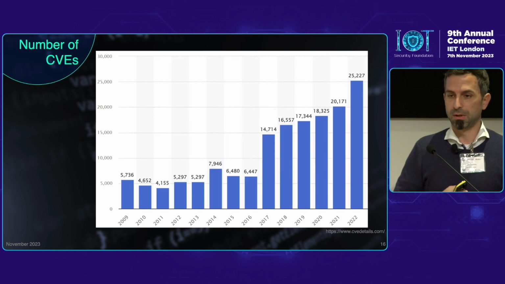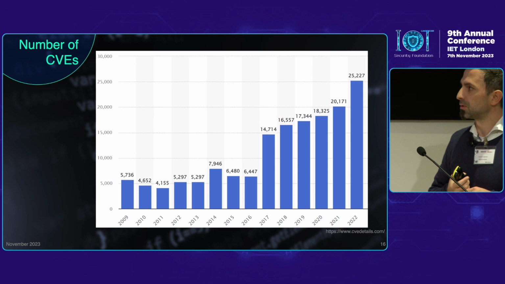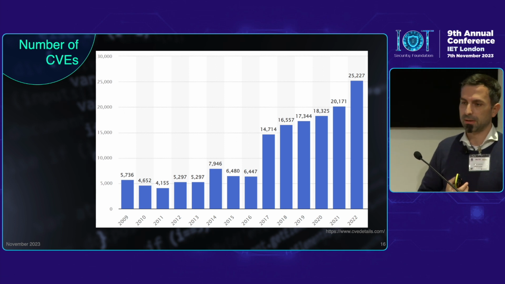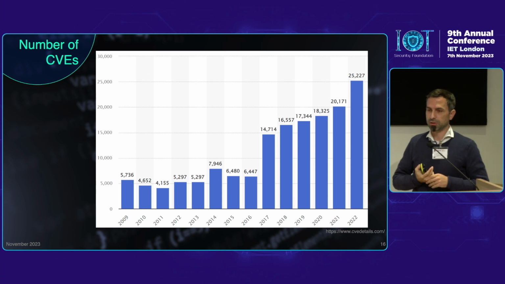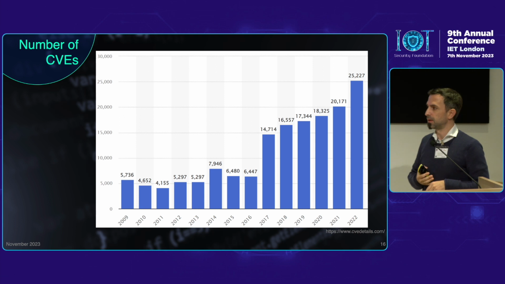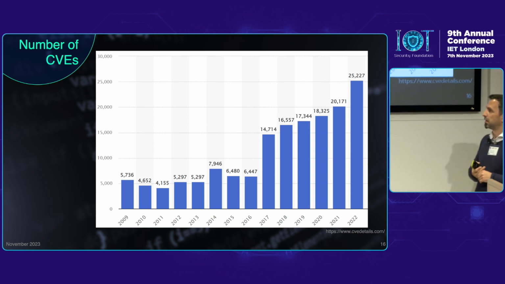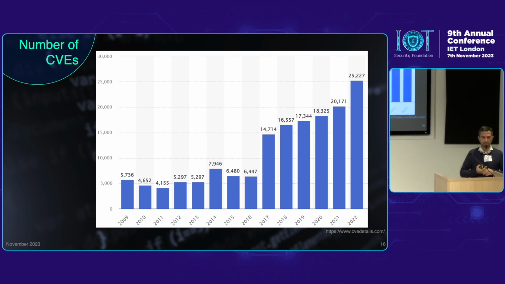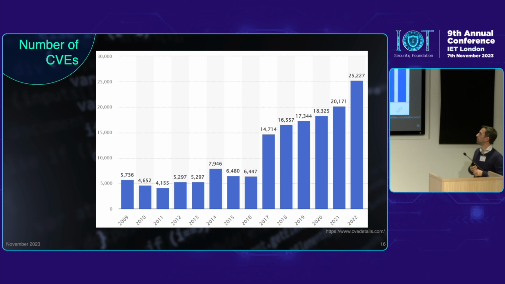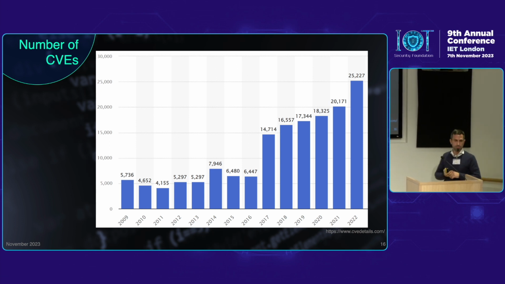And this number is growing, and it's growing very fast. So if we look at the NIST National Vulnerability Database, we can see that the number of CVEs skyrocketed from 4,000 or 5,000 vulnerabilities per year a decade ago to more than 25,000 vulnerabilities last year.